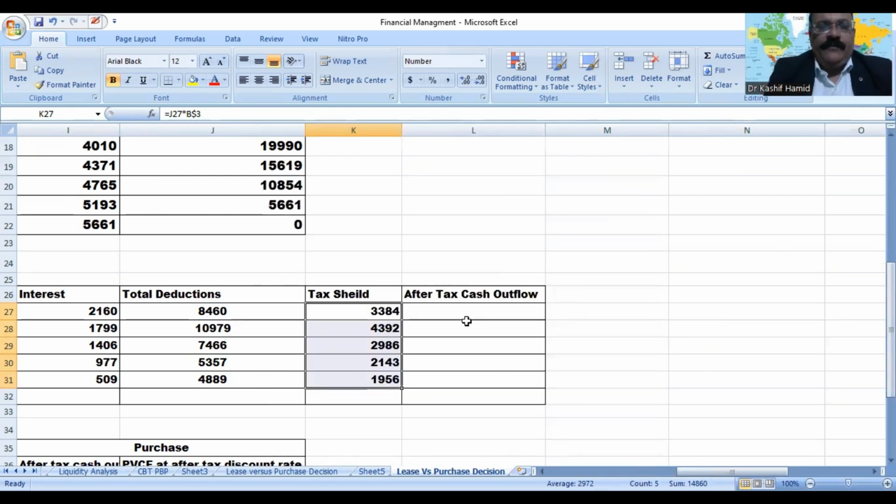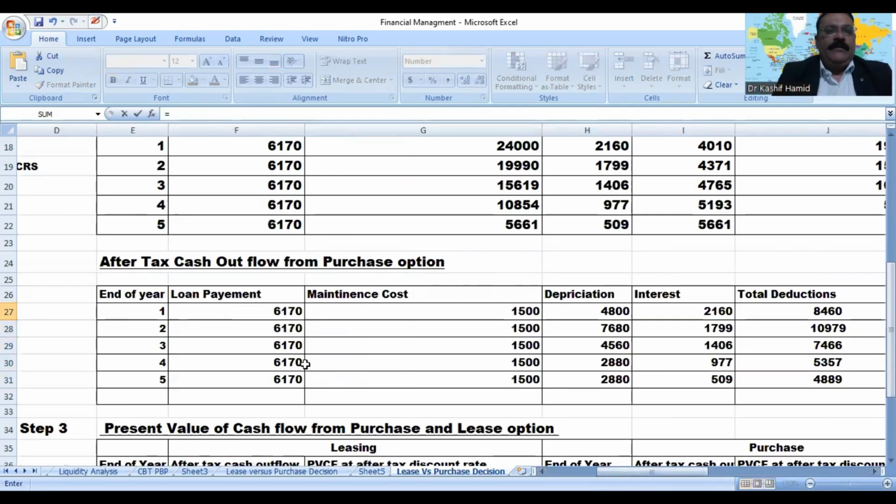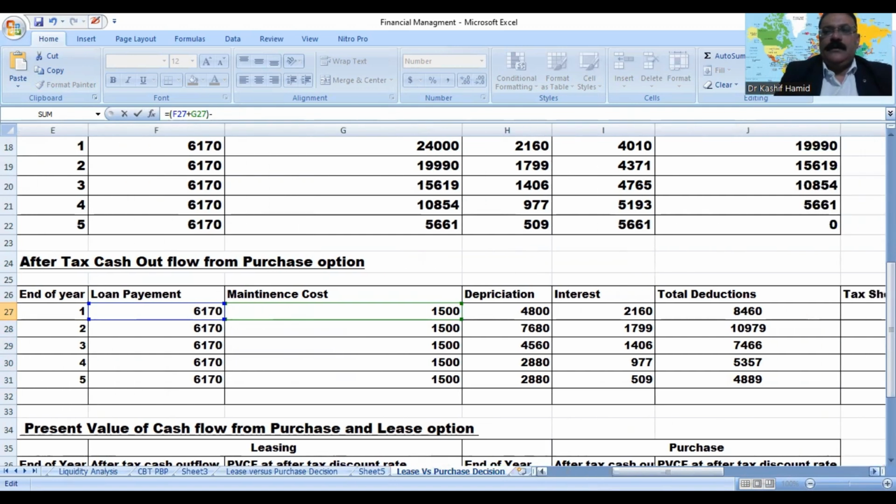After tax cash outflow is equal to the sum of our loan payment plus our maintenance costs minus J27 tax K27.